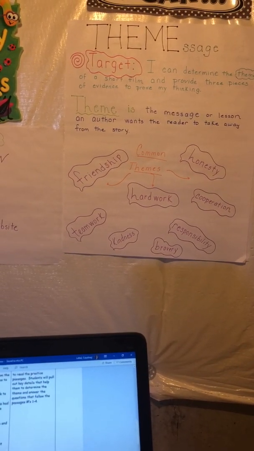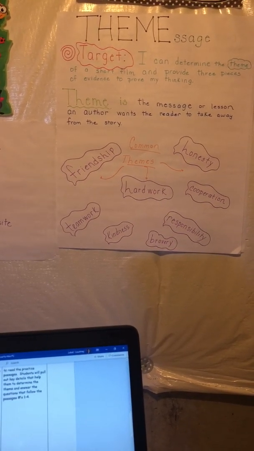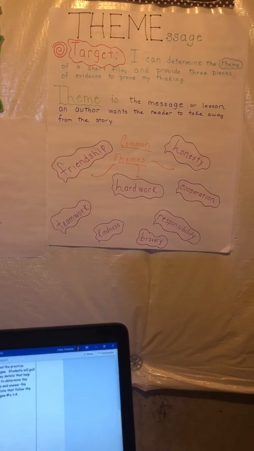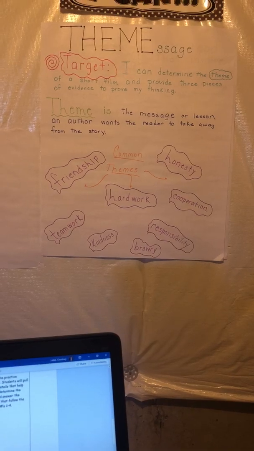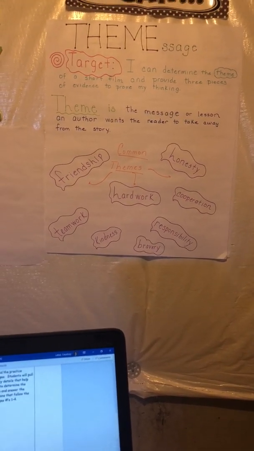So because the tortoise never stopped, it showed that he was what? He persevered. He was persevering through a challenge. He knew he was the slower of the two animals, right? But he kept on persevering and never gave up and kept trying.